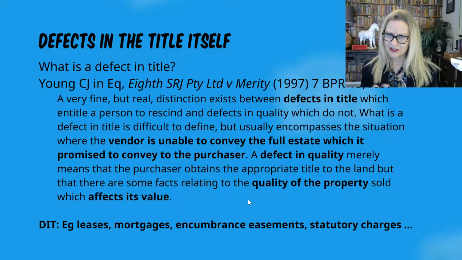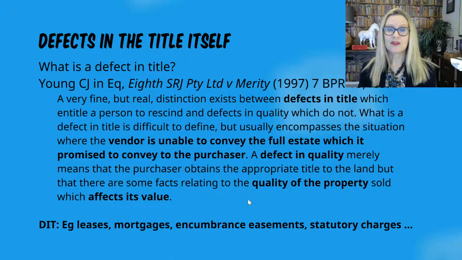It does tend to get a bit grey in the middle, but as we saw in the Merity case, Young Chief Justice in Equity, as he was then, said that there's a very fine but real distinction between defects in title, which entitle rescission, and defects in quality, which don't. Okay, it's difficult to define.